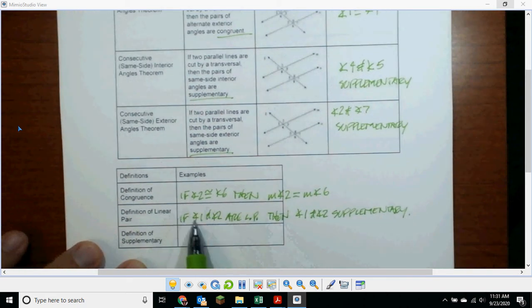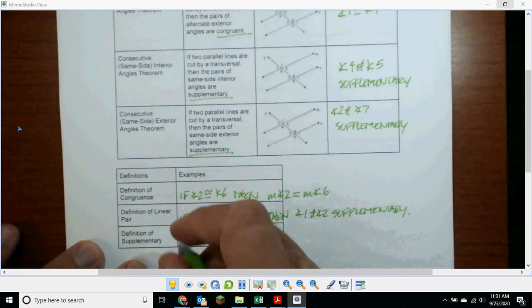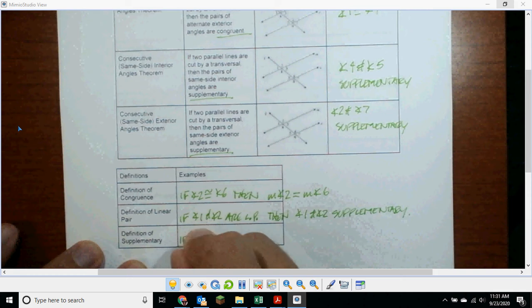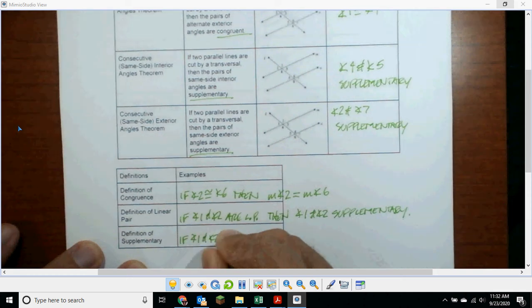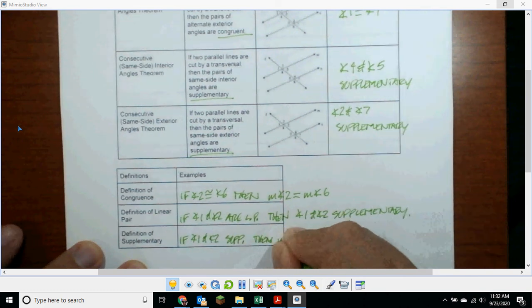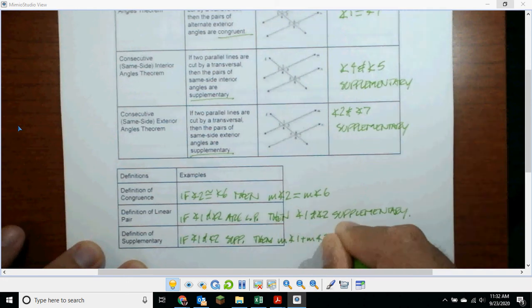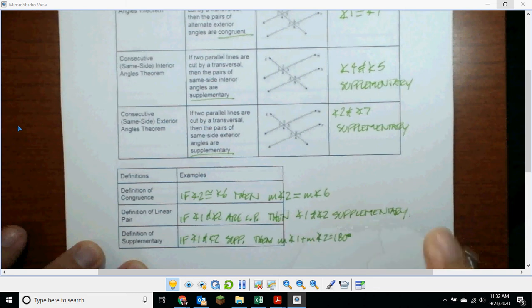If I can prove that 1 and 2 are a linear pair, then angle 1 and 2 are supplementary. And then the definition of supplementary is if angle 1 and angle 2 are supplementary, then I know that measure of angle 1 plus measure of angle 2 is equal to 180. Don't use the degree symbol. So that's the definition of supplementary.